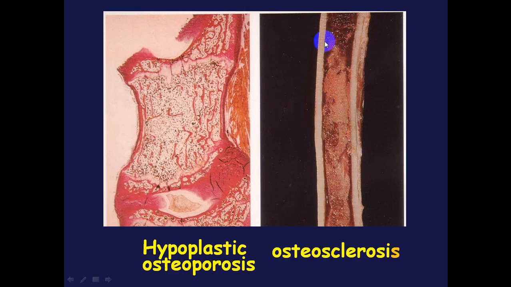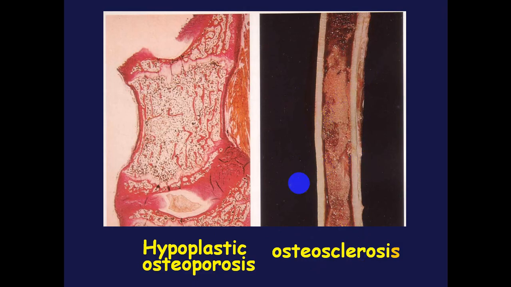And then this osteosclerosis, this is really different condition compared with osteoporosis. In osteosclerosis, the bone tissue is just so much. It means there is excessive formation of bone tissue. So the bone tissue will be so thick, the density is very high.